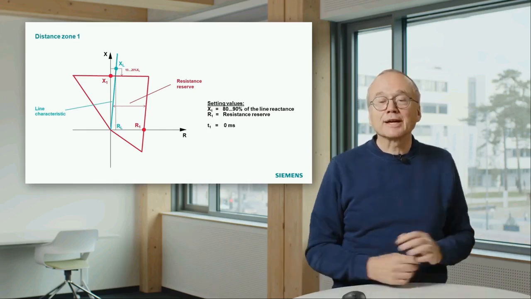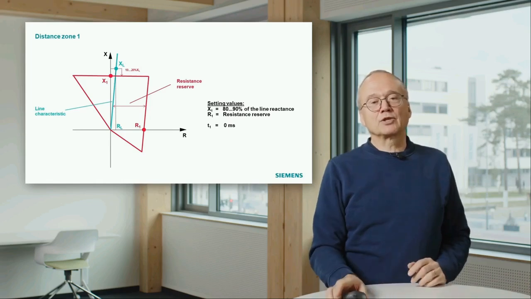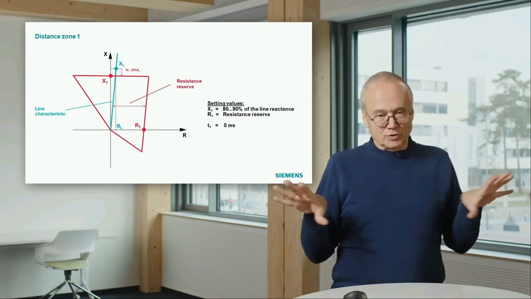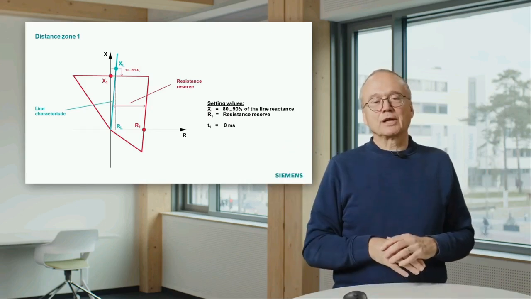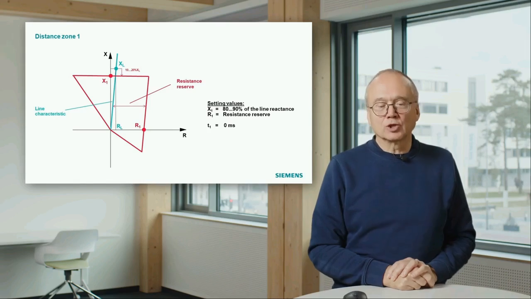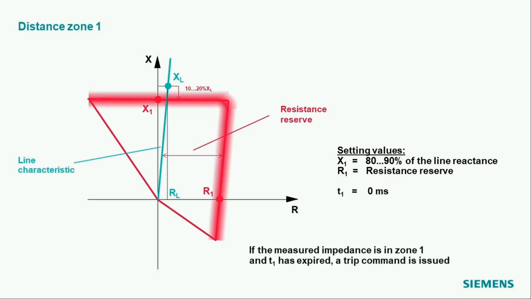But of course it has a disadvantage. You can imagine, at the end of the line, if we say we have no measurement errors, there is a certain part of the line where a short circuit will not be seen in the first zone. But at least you avoid wrong trips, and that is the important thing.